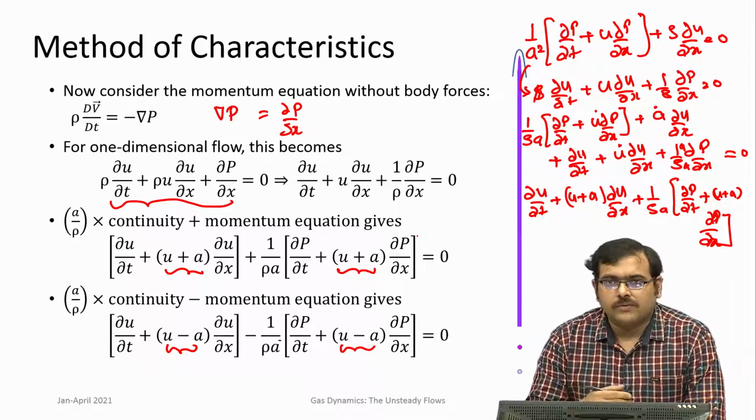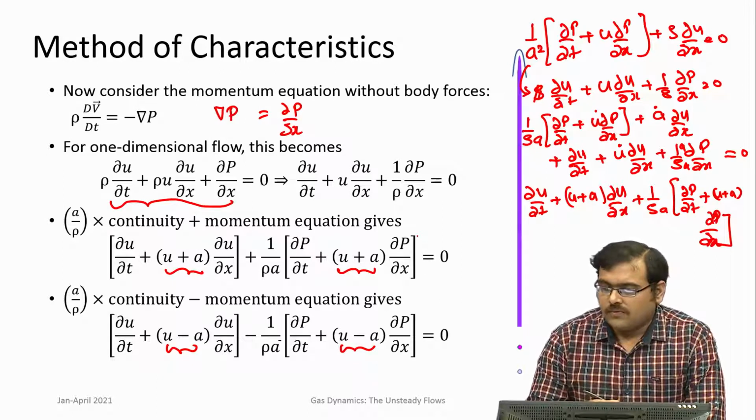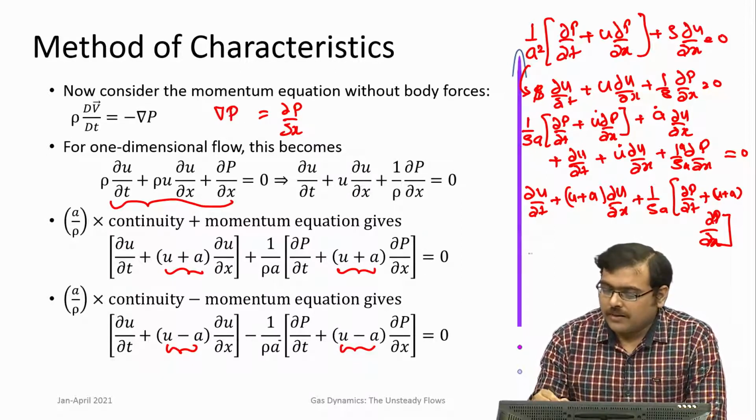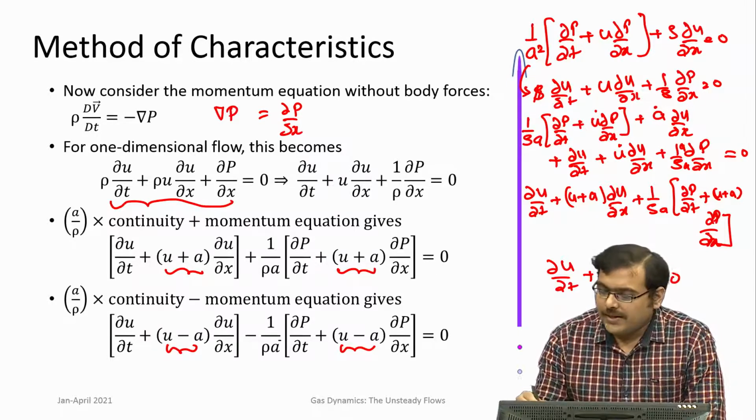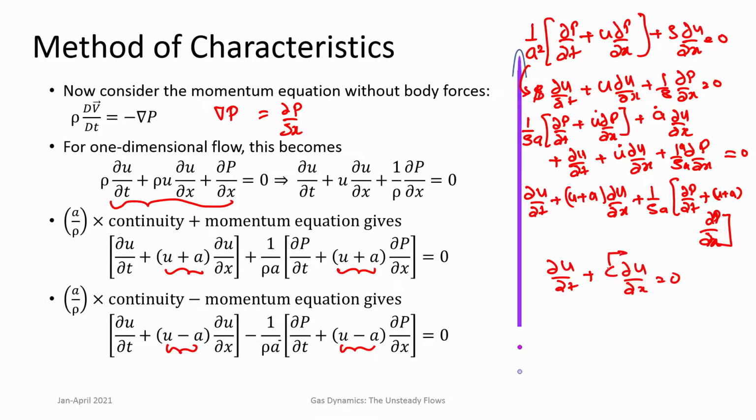To understand this you can go back to our previous classes when we were looking at a general variable and looking at ∂u/∂t plus c ∂u/∂x equal to 0, where c is a constant of propagation, and we were looking at how we can convert this to an ordinary differential equation.